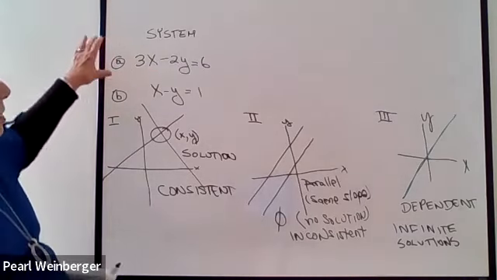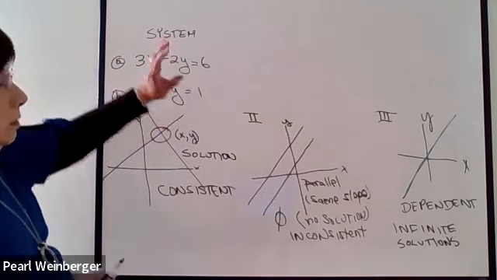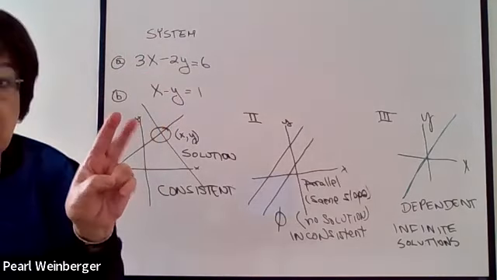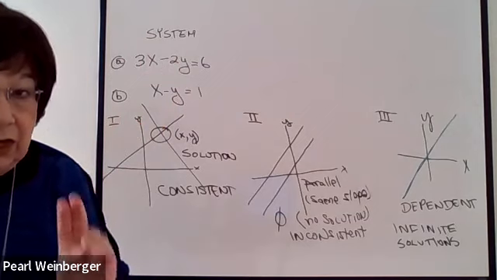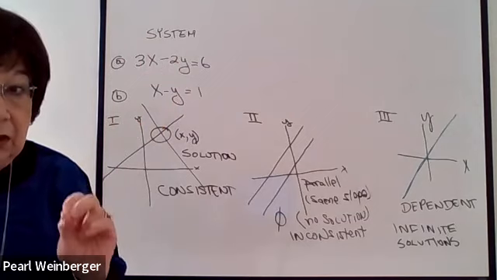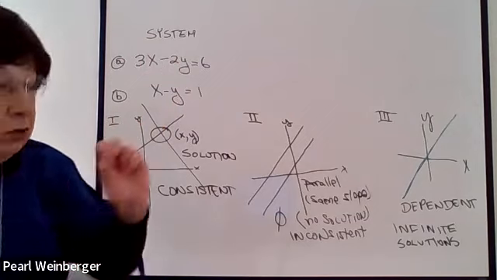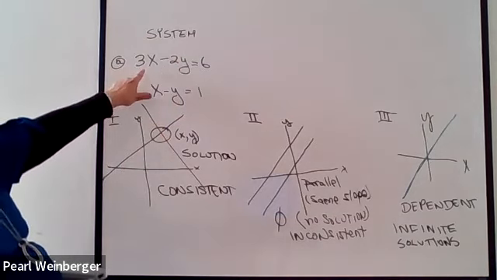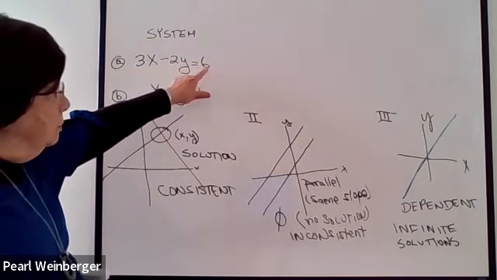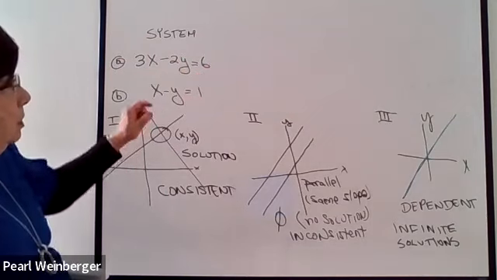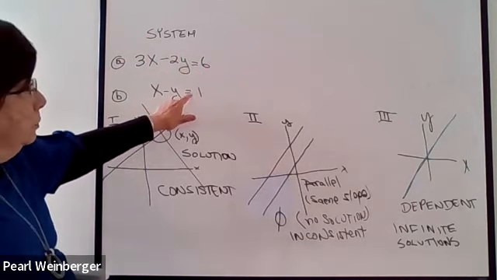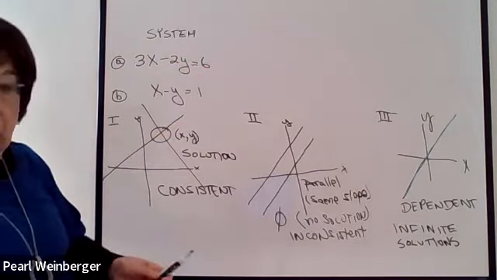I'm going to take this system of equations. Remember, with a system of equations where you have two variables, an x and a y, you're going to need two equations. And we have them. We have 3x minus 2y equals 6 as one equation. We have x minus y equals 1 as our second equation.